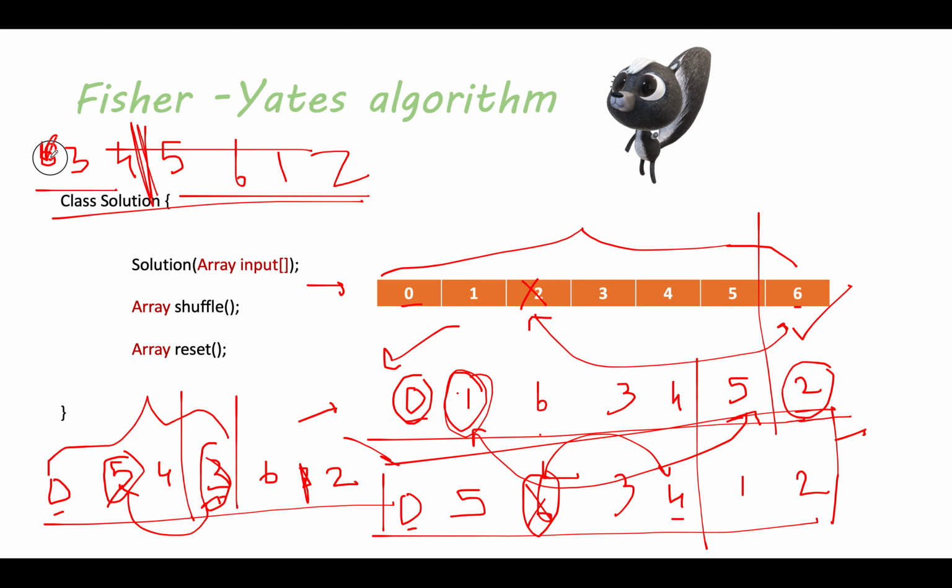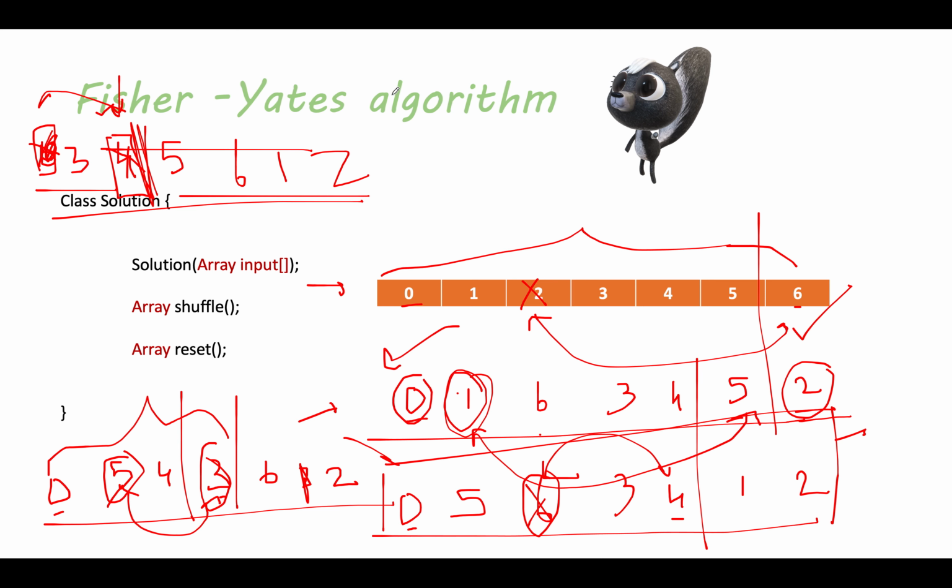Again, let's do the same thing. Out of 0 up till 2 index, you'll pick up any particular index, and you will swap that with the last index that we have. So this one will be swapped with, let's assume we got 0, and this is gone, this is gone. You'll swap these two.